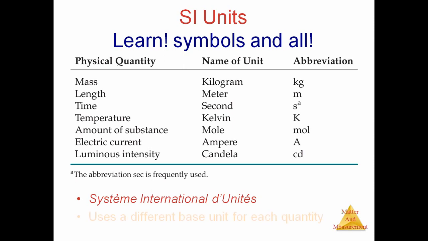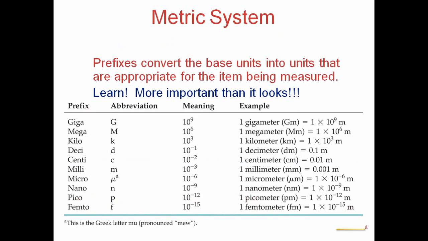So moving on in the discussion of units, we're going to talk about the metric system. And generally when I introduce the metric system, we use the popular mnemonic King Henry died drinking chocolate milk.